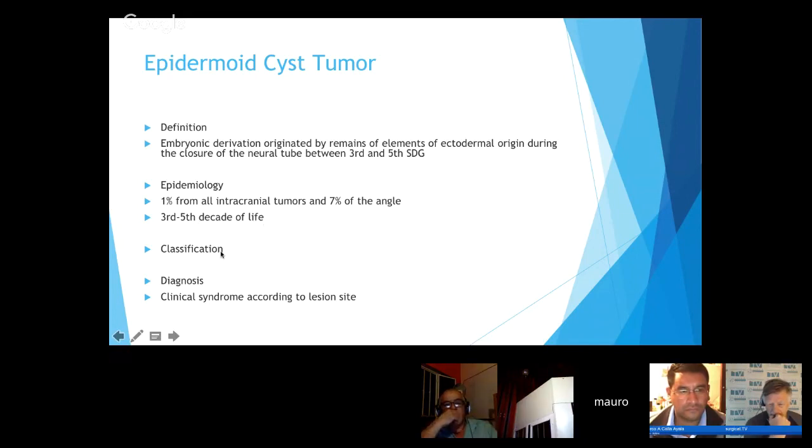The classification is another topic, but we know the histopathological classification. It is very important to be clear that we are talking about a benign tumor, not malignant. So if we remove it totally, we are providing a cure.